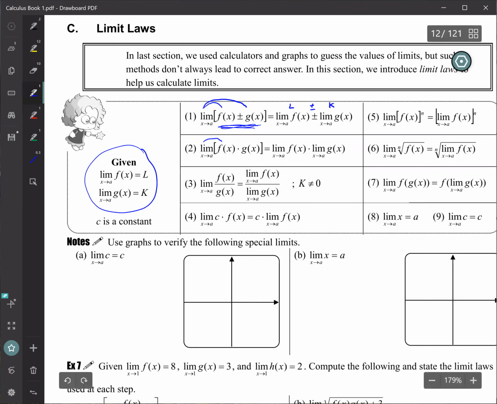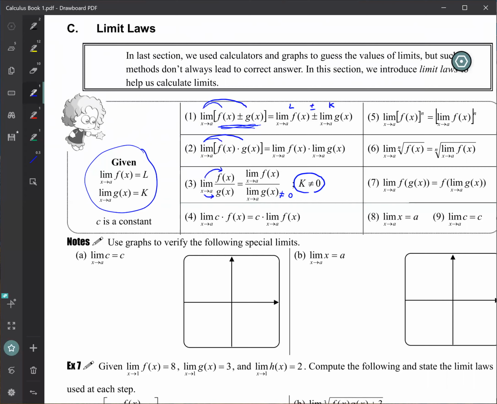Split the limit, find the limit of each one, and then just multiply the answers. Same with dividing: take the limit of the top, divide by the limit of the denominator. The only thing you have to be careful about is this one. K cannot be 0. K is the answer for the denominator, so the denominator cannot be 0.